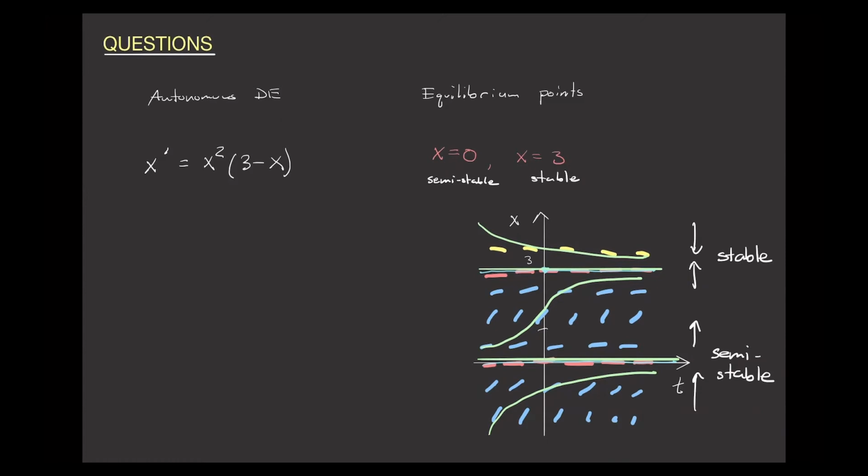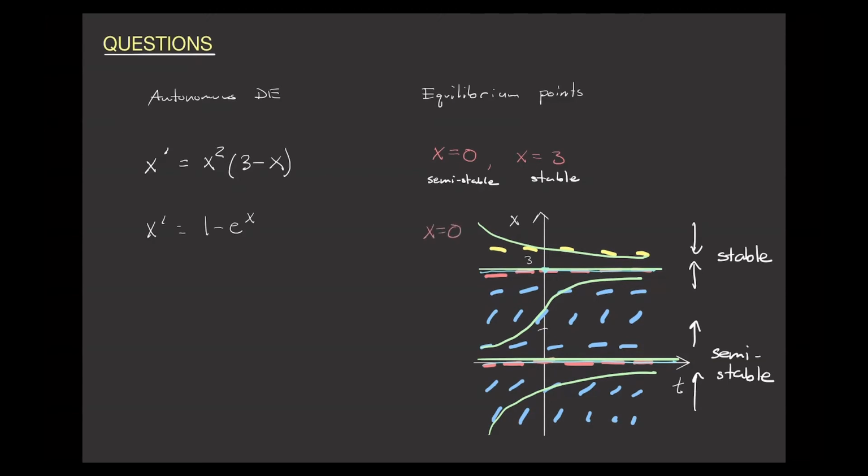Then we do that for each one of these. If we have x prime is equal to 1 minus e to the x, the place where that's going to be 0 is when x is 0. The reason being is e to the 0 is going to be 1, and 1 minus 1 is 0. So x is equal to 0.